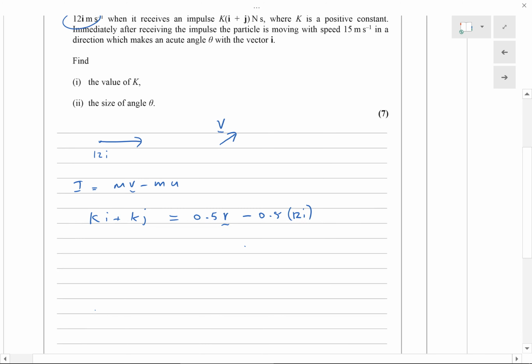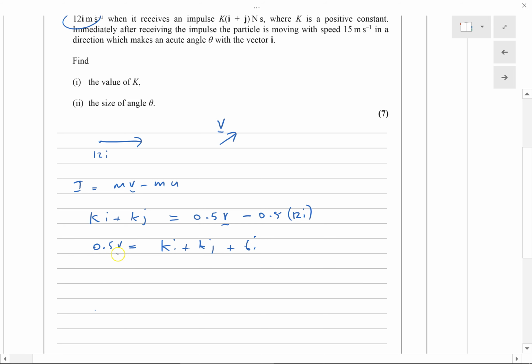Okay, so looking at that and rearranging, I've got 0.5v is equal to ki plus kj plus 6i.